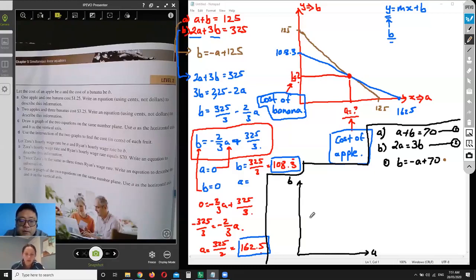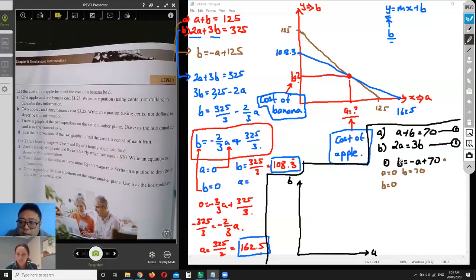How do you write that again? A equals 0, B equals 70. B equals 0, A equals negative 1.